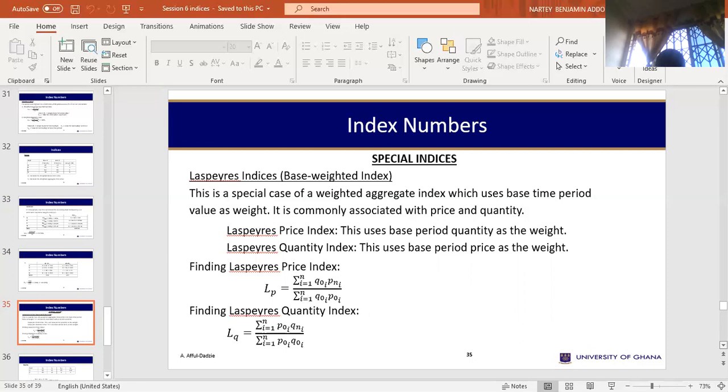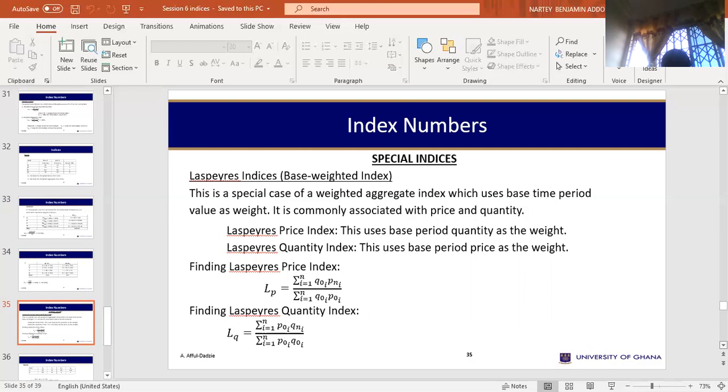It is commonly associated with price and quantity. So the Laspeyres price index uses base period quantity as the weight, and the Laspeyres quantity index uses base period price as the weight.